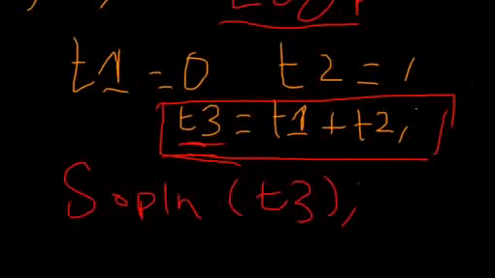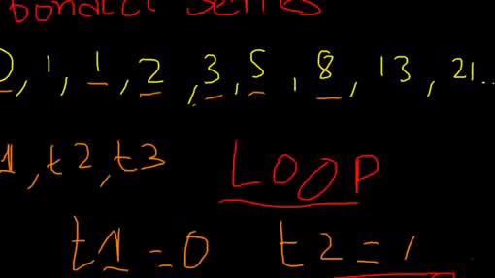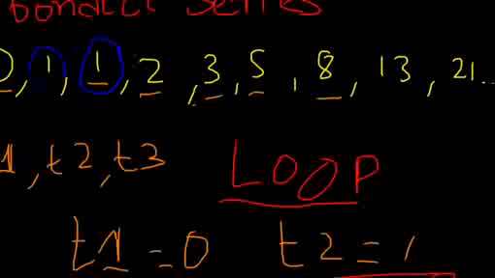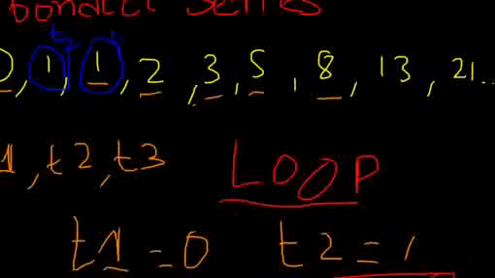Once you print out T3, you need to make a few observations over here. What's happening if this is T3 and this is T2? Let me just label it here, and this is T3 and this is T1.